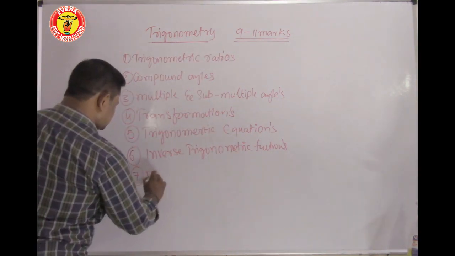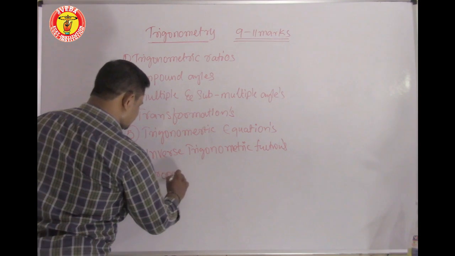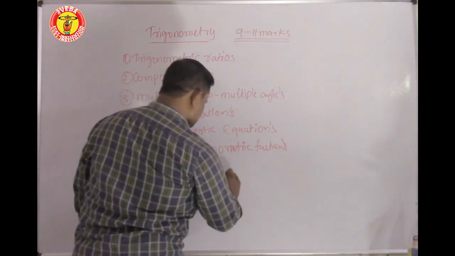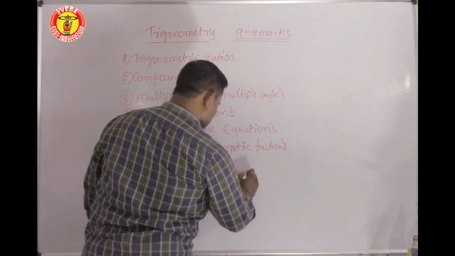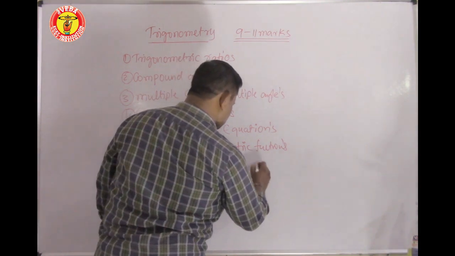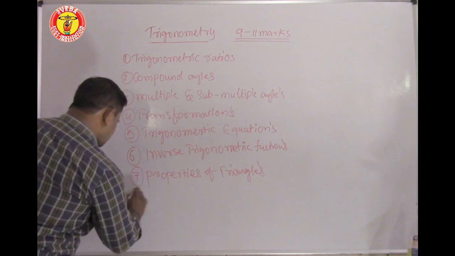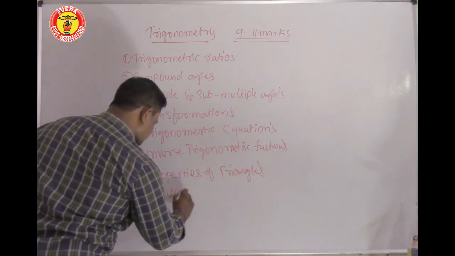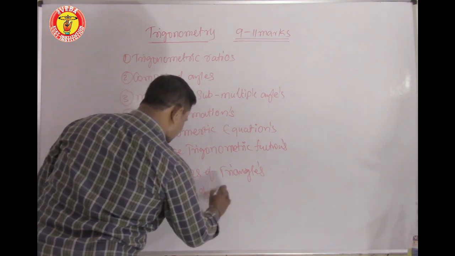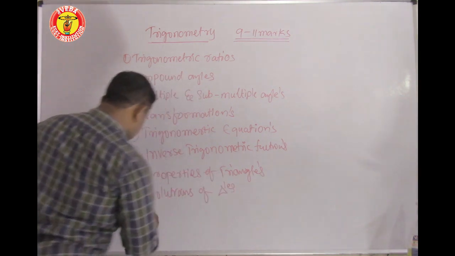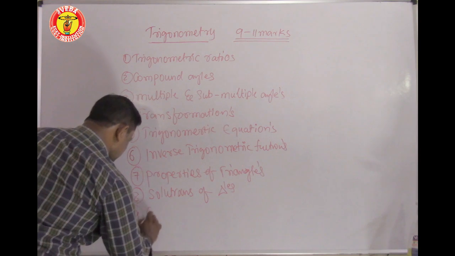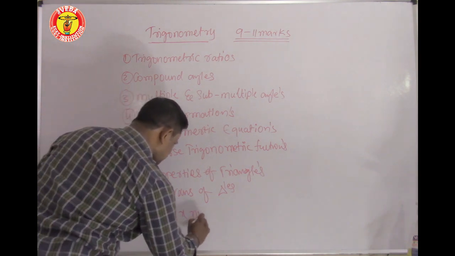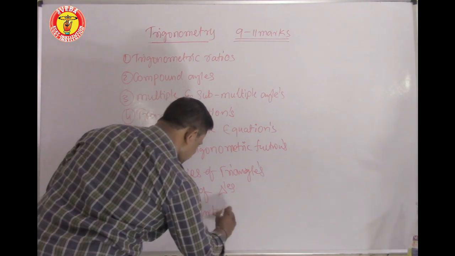Seventh is Properties of Triangles. Eighth is Solutions of Triangles. Ninth, Complex Numbers.